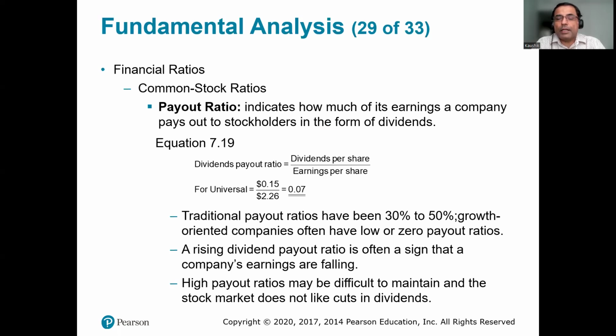The company may not be able to cut back on dividend payout because investors may not take it in a positive way. So they tend to maintain the dividend payout. But the company's business may not be going well, because of which earnings are going down. That is why the dividend payout ratio is increasing. So sometimes an increasing dividend payout ratio is a red flag that the company's earnings are not going well.